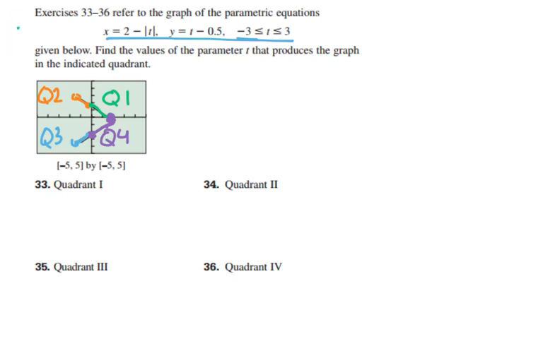So what it looks like on your calculator is 2 minus ABS and then a T. And again, the ABS is under math and the column for number. So ABS and then T. And then your y equals is going to be T minus 0.5.